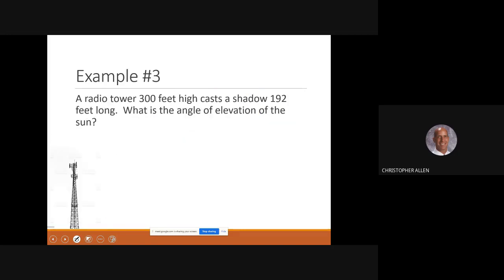All right. So here's what I'd like you to do. This problem is very similar to the last one. I'm not asking you to find the answer. I just want you to set it up. Number one, I'd like you to draw the picture, kind of like I did, with the numbers. And then number two, I want you to figure out, are you going to use sine, cosine, or tangent?